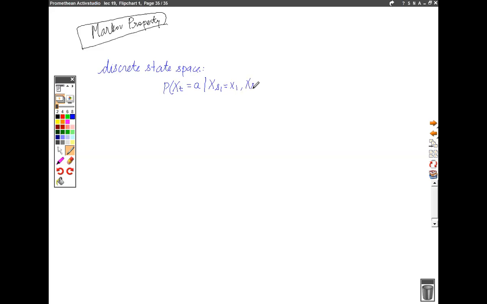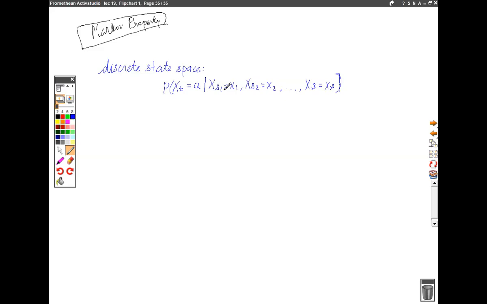I'm just assigning some random values, a bunch of xs equal to xs. So I know that this is all the history that is being given to me, and this is what I have to figure out, given that I know all of this history.